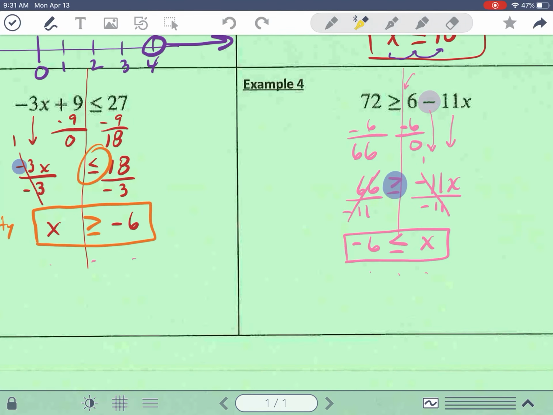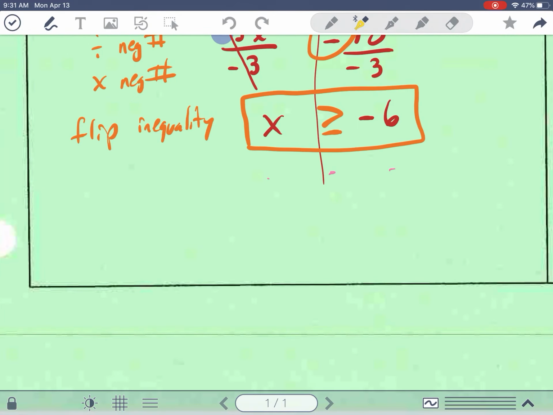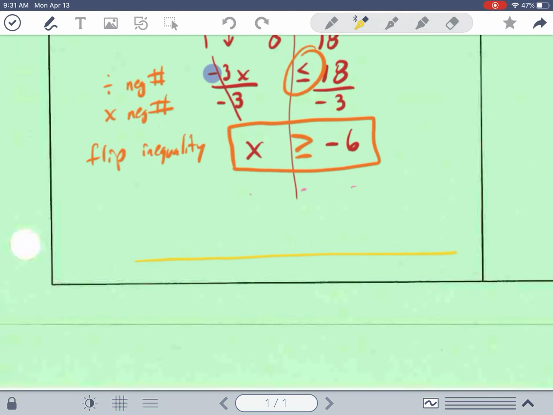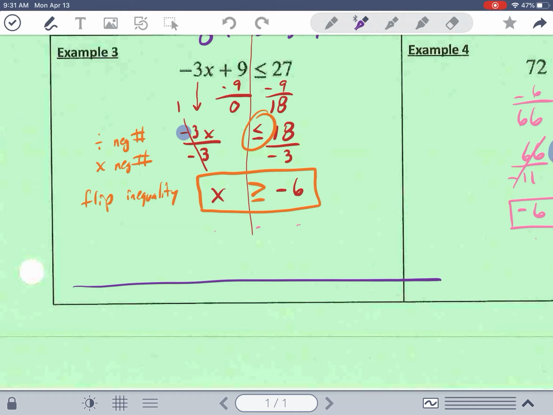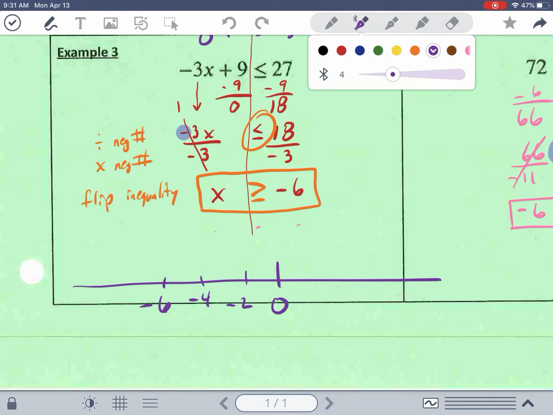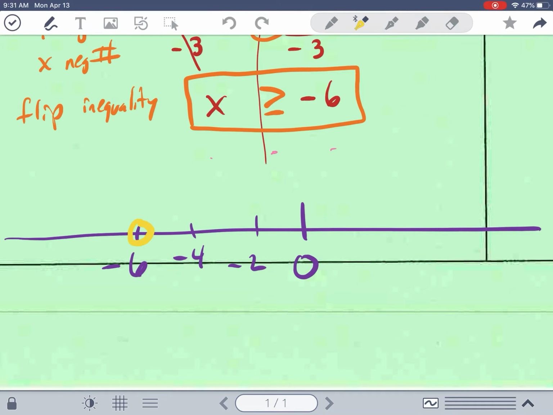Actually, 3 and 4 are the same if you remember. X is greater than or equal to -6. Let's do our purple again. So this is 0, -2, -4, -6. If it's greater than or equal to -6, there's my -6 colored in, because it's greater than or equal to.